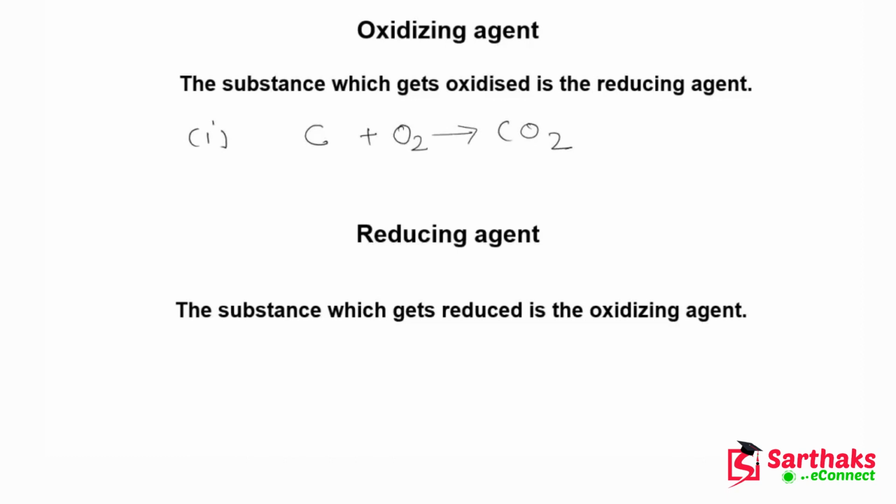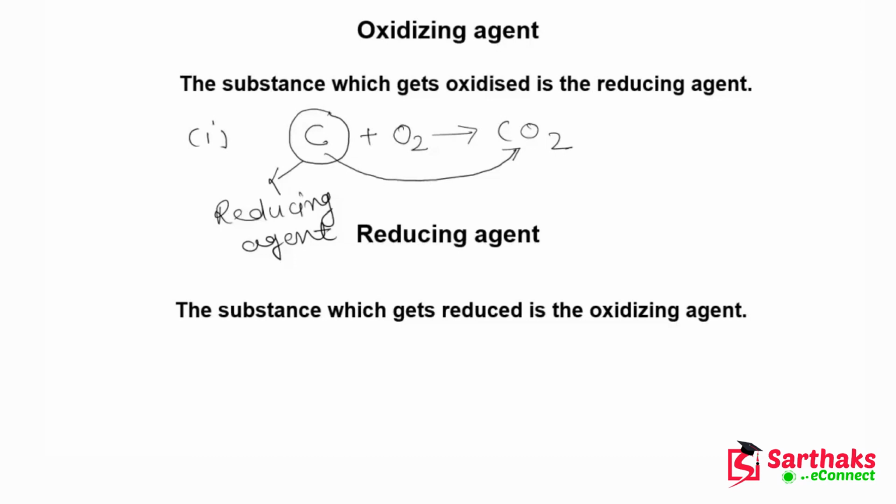In the oxidation reaction we have seen that carbon is getting oxidized into carbon dioxide. So this carbon is basically the reducing agent, because it is getting oxidized, and the substance which gets oxidized is known as the reducing agent.